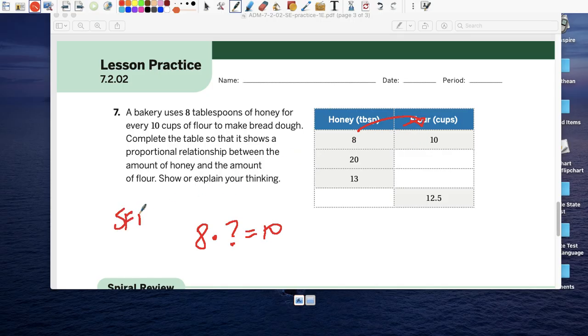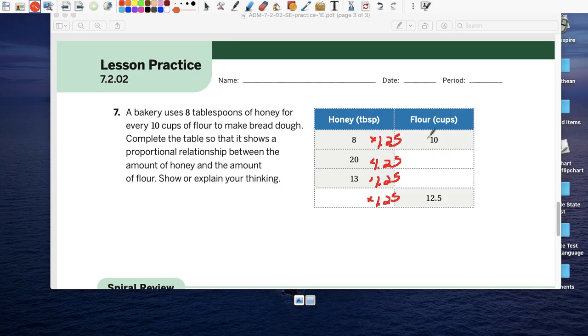So scale factor is big over small, and you can do 10 over 8, and 10 divided by 8 is 1.25. So that's our magic number. So it's times 1.25. I can go ahead and write times 1.25, times 1.25, and then times 1.25. And you can find our number.